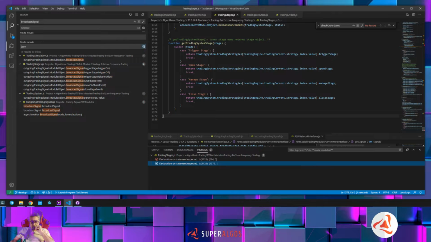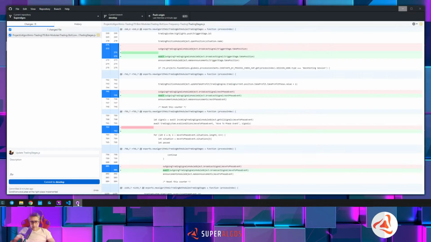Okay, so something that we did, we added some bracket incorrectly or something like this. Let's check it here. Trading stages. I don't see anything wrong.